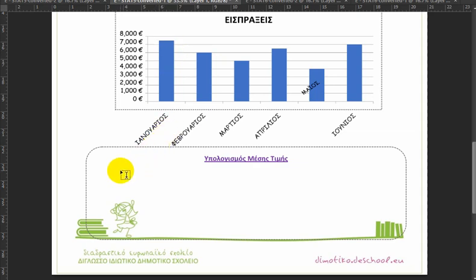The first month is between 7,000 and 8,000, so we're going to say 7,500. The second month it's 6,000. Third month it's 5,000. Fourth month it's 6,500. Fifth month it's 4,000. The last month is 7,000.